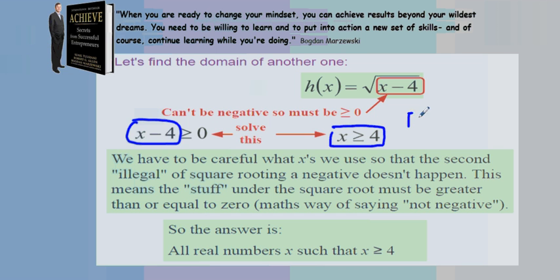So the domain here is the set of real numbers such that x is greater than or equal to 4. Please note that any other real number beyond 4 is fine. Equal to 4 works as well, but nothing less than 4.